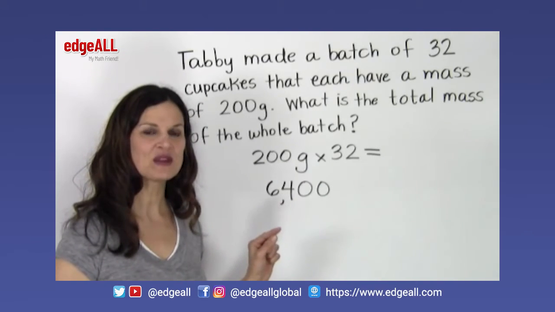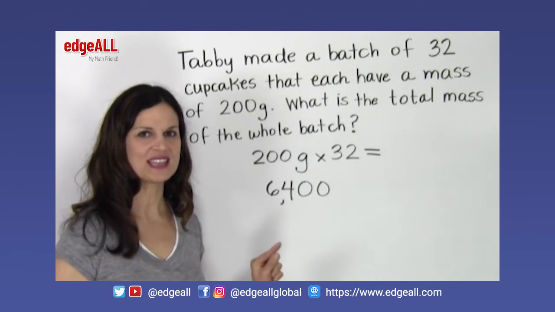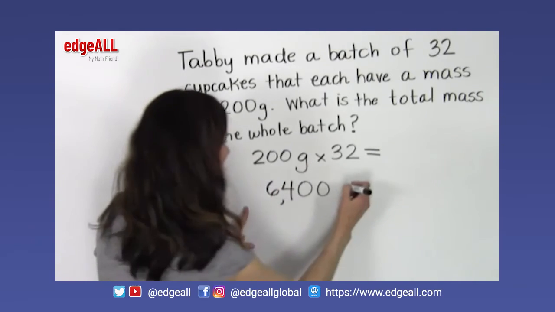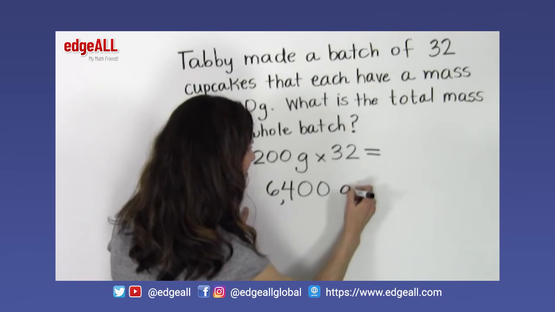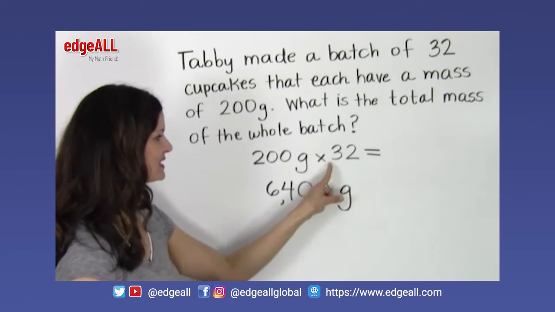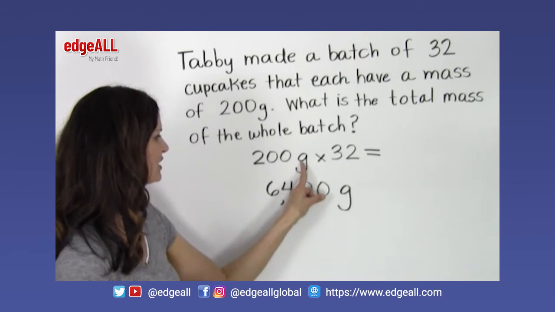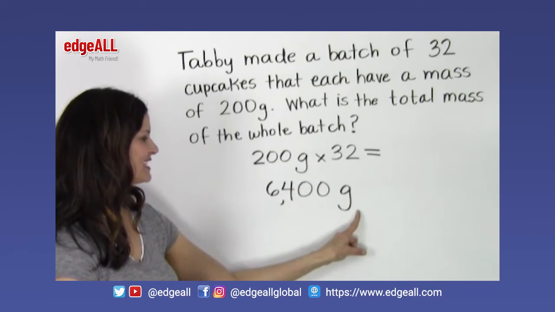But I must report my answer using the units of measure that are in my problem, grams. So I have my measurement times the number, and so my answer has to be in the unit of measure, grams in this case.